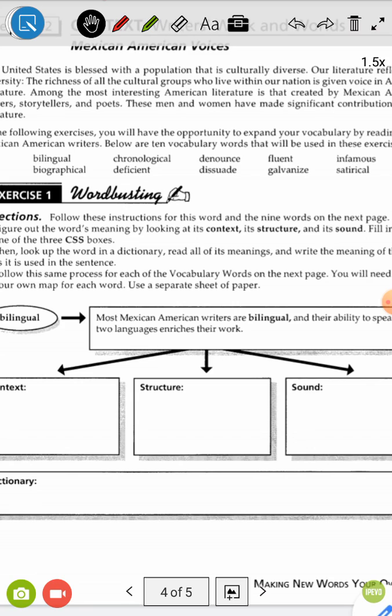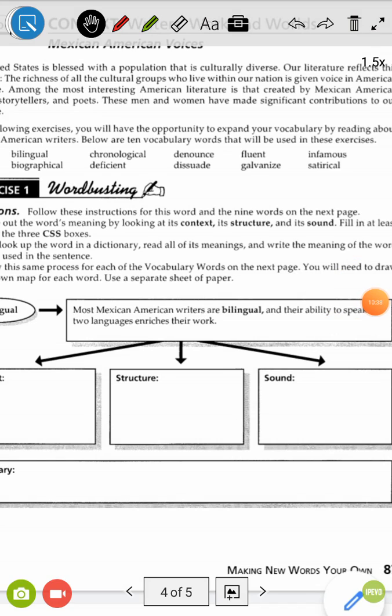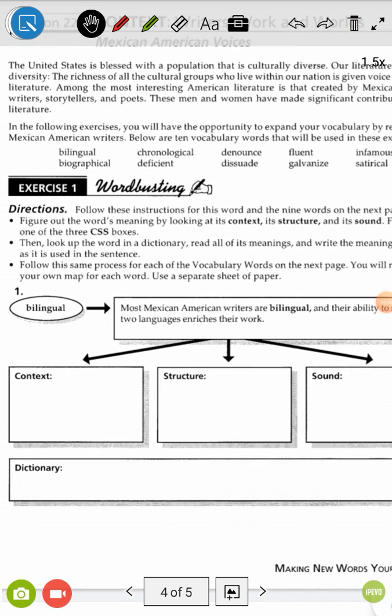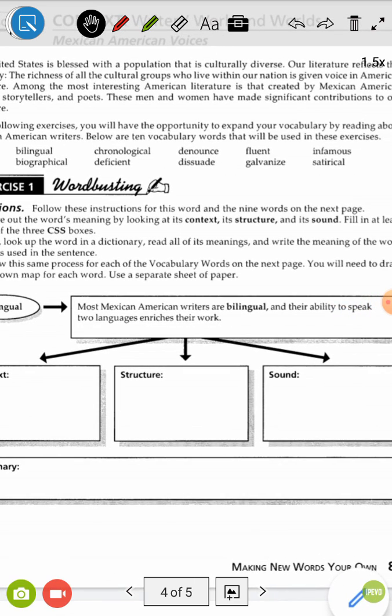Now, these are the words: bilingual, chronological, denounced, fluent, infamous, biographical, deficient, dissuade, galvanized, satirical. Again, like what we have done in lesson 21, we do the same thing here, okay? Context clue. What do the words mean in the sentences? The first word, bilingual. Most Mexican American writers are bilingual.